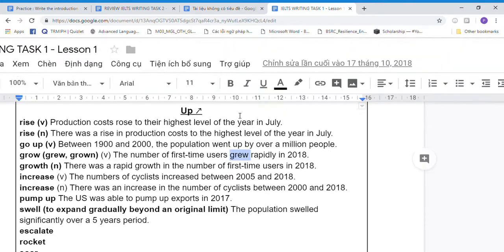So grew is the verb. Oh, I'm so sorry. Grew is the verb in the past tense, rapidly is an adverb, and here the word rapid is an adjective.